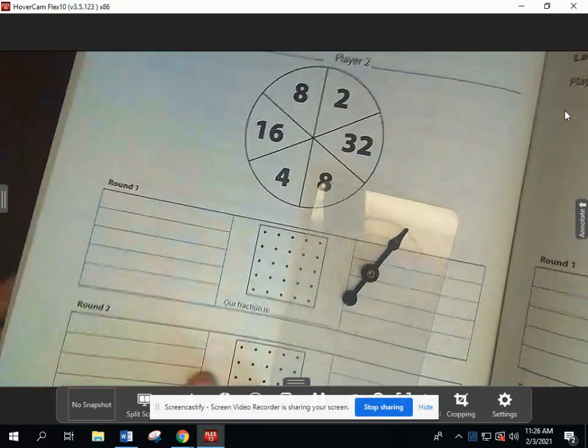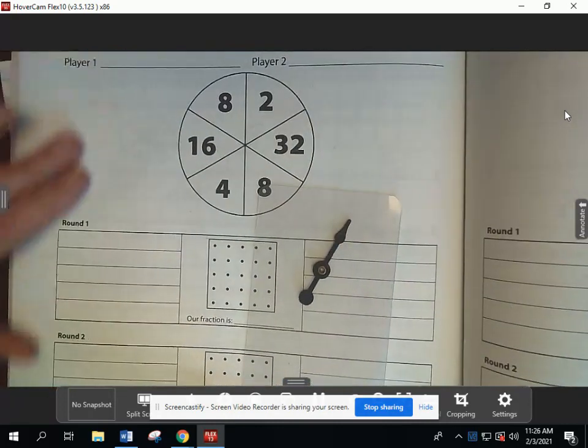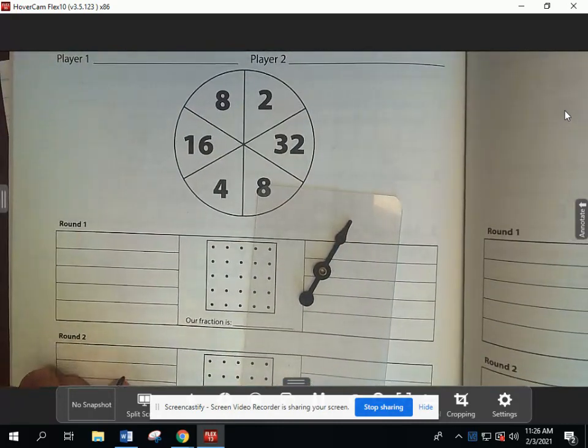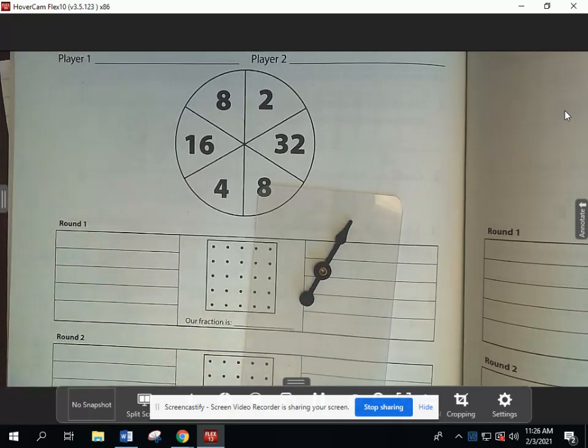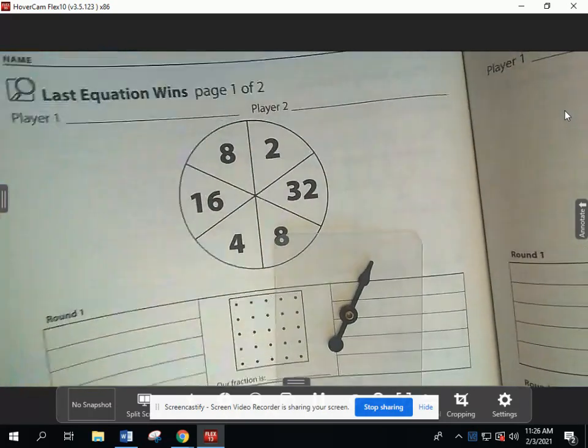Okay, so let's see. Our senior math helper would happen to be, let's see, is it Jared or Adrian? Jared, have you been on for 2 weeks or 1 week? You've been on for 2 weeks. So, Jared, sorry, you're playing against me.